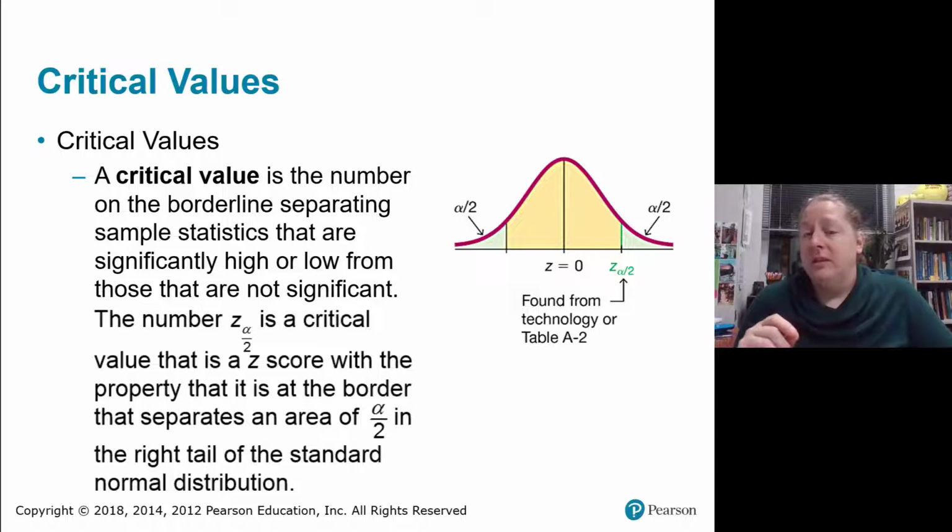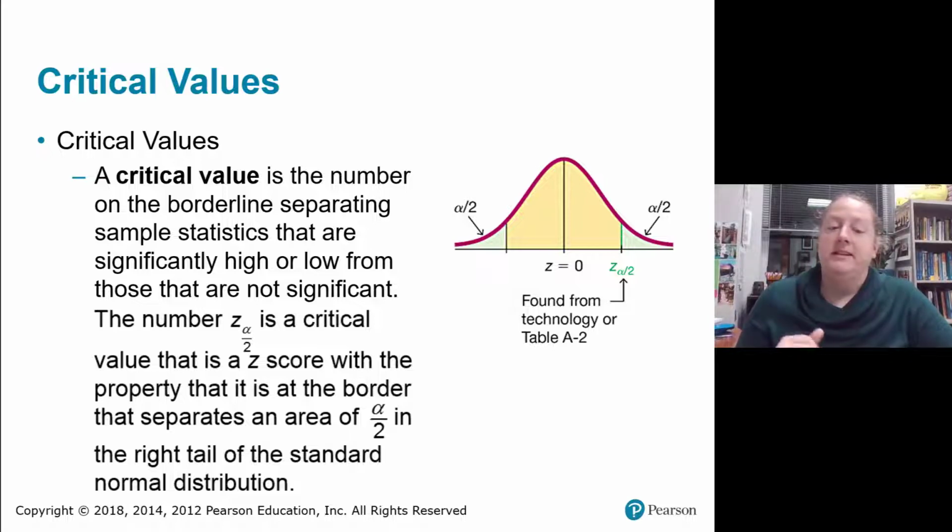So these values have alpha divided by 2 as the area outside of them. So the number z sub alpha divided by 2 is a critical value, a z-score with the property that it is the border that separates an area of alpha divided by 2 in the right tail of the standard normal distribution.